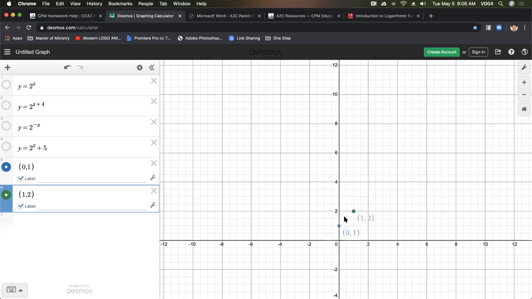Now another thing that we have to figure out when we talk about the graph of an exponential function is the asymptote, or the line that the graph is approaching.